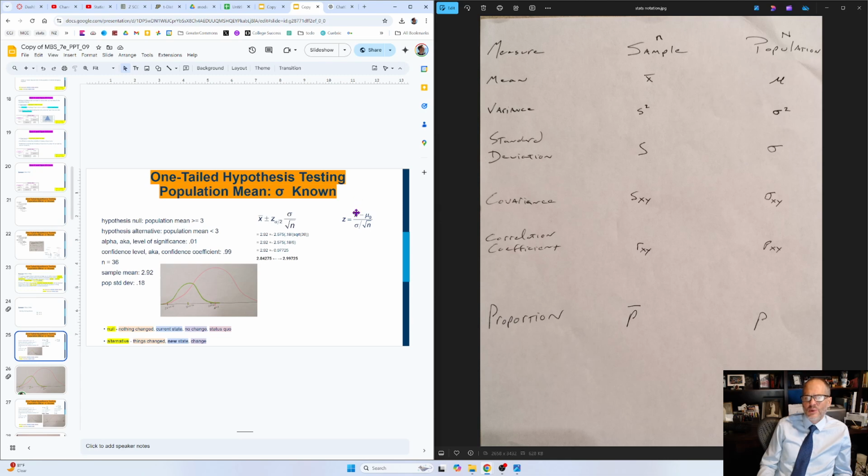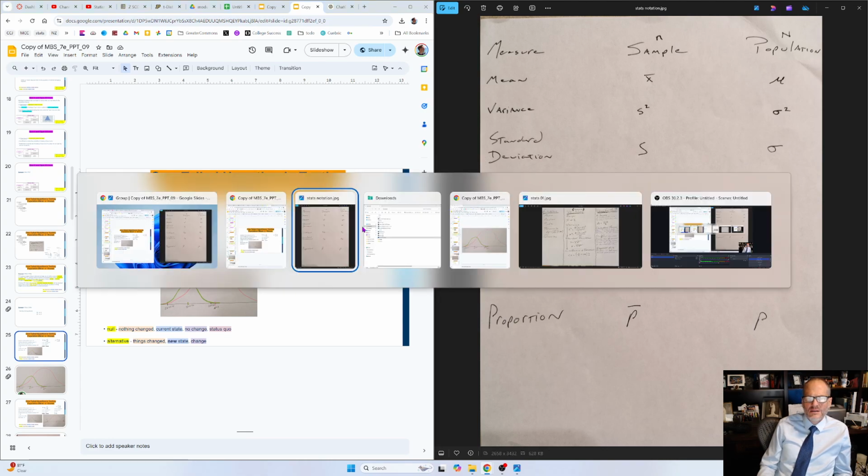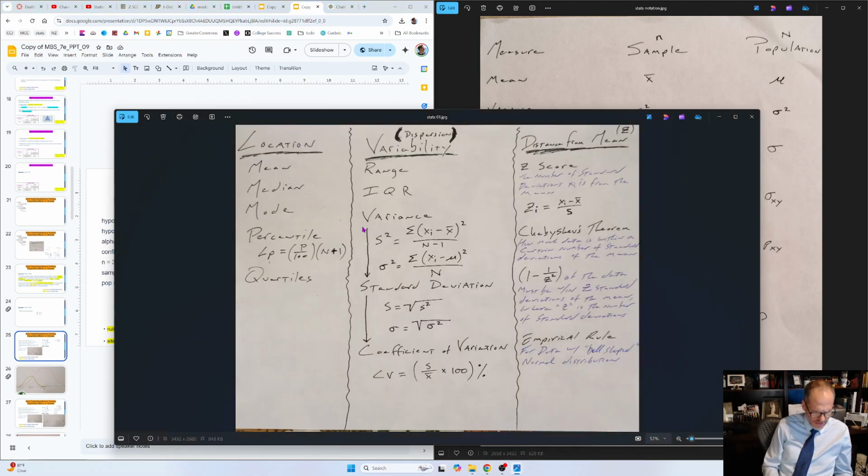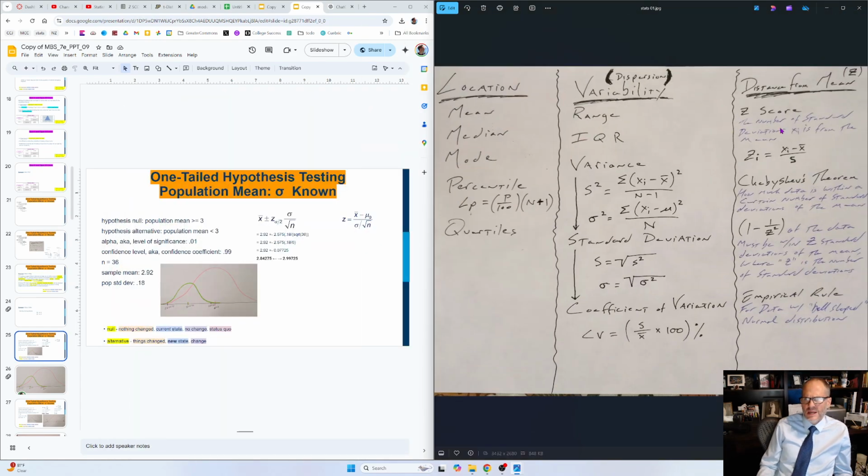And so we're saying this point, the sample mean, how far is it from this hypothesized population mean? And then we're dividing that by the standard error, which is also a standard deviation. So z, building on what we've learned, is the number of standard deviations a point is from the mean.